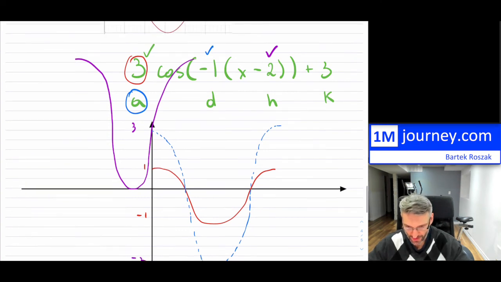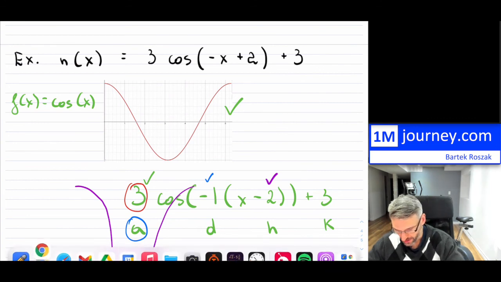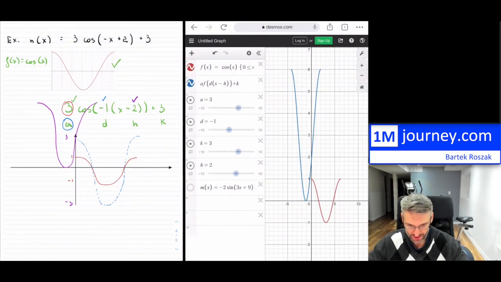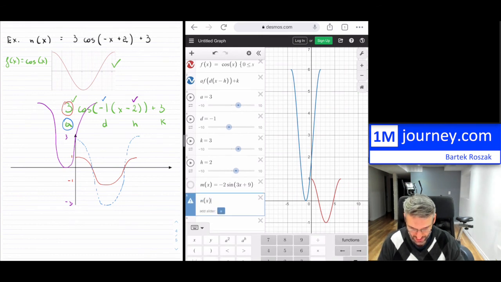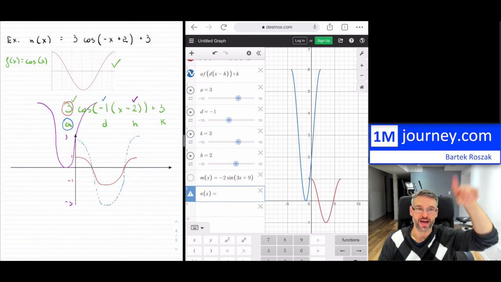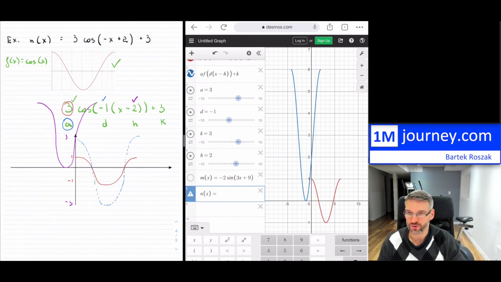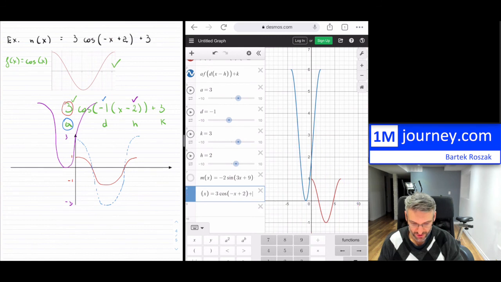Okay, and finally, the original was 3 cos of negative x plus 2 plus 3. So I'm going to split the screen here, and I'm going to add this one. So n of x equals, and you'll see that it's going to overlap and just continue on with what it's doing there. So that was 3 cos of negative x plus 2 plus 3.